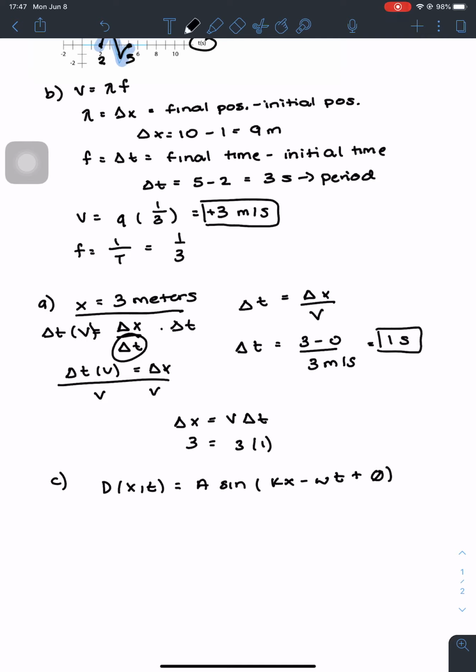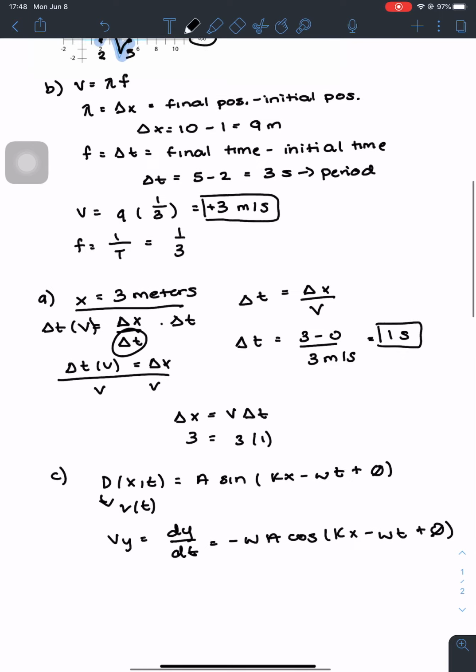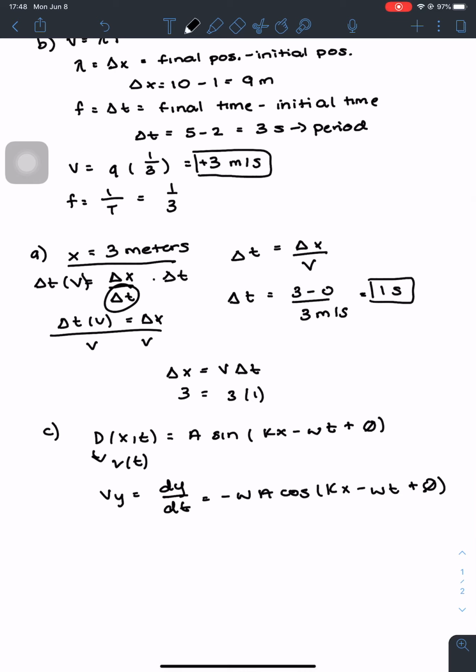But the question is asking for velocity. So to turn this original formula into velocity, we have to take the derivative. And the derivative of that would be vy equals dy over dt equals negative omega A cosine(kx minus omega t plus the phase constant). And this is the formula for velocity of any point on a string.